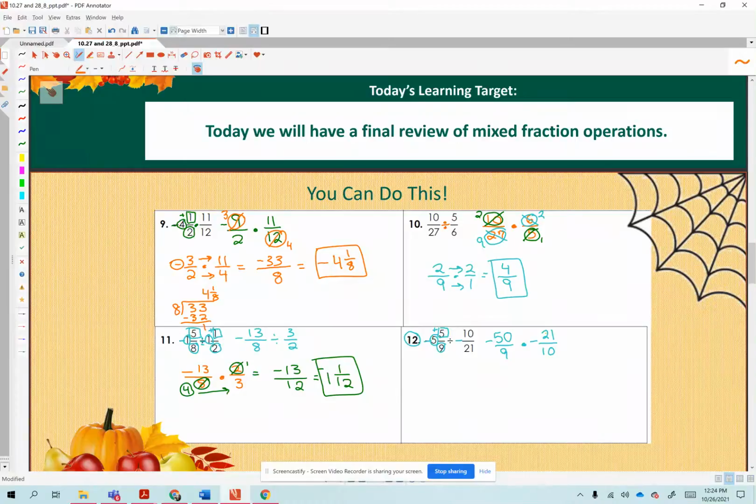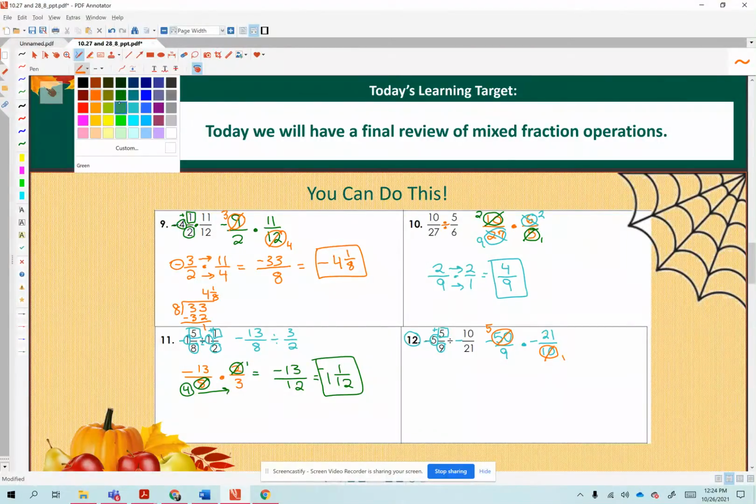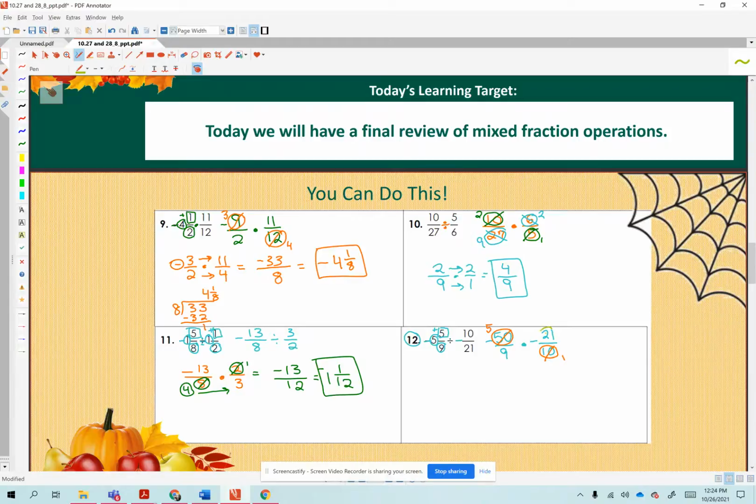So we've got plenty of ways to simplify this. I noticed that 10 and 50 are both divisible by 10, so I will simplify that. 10 divided by 10 is 1. 50 divided by 10 is 5. I also noticed that 21 and 9 are both divisible by 3.